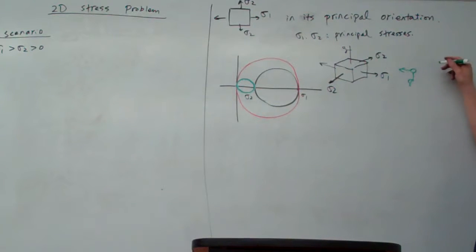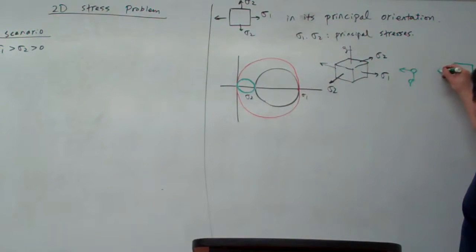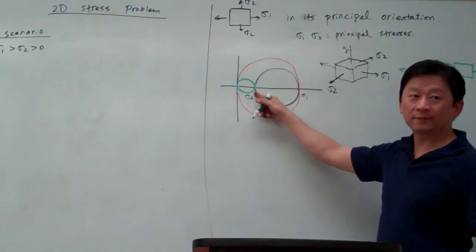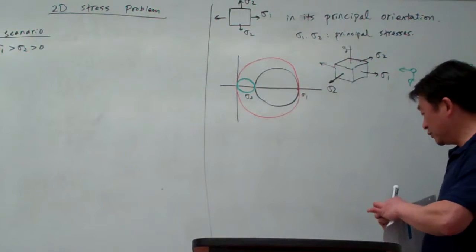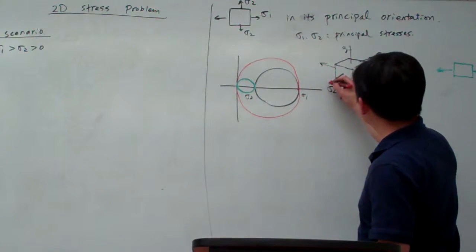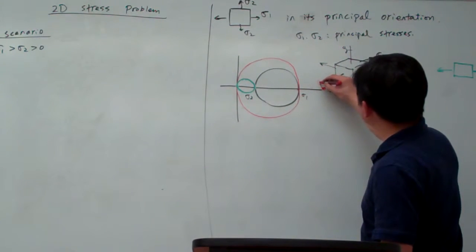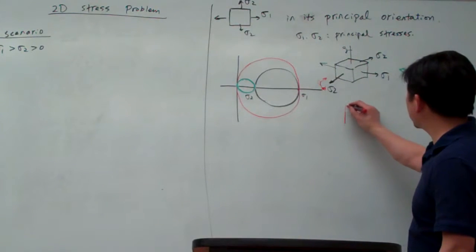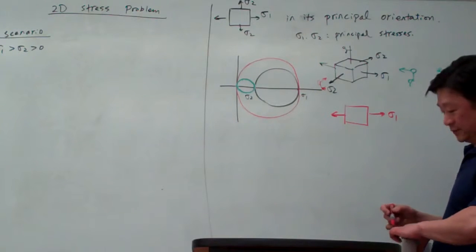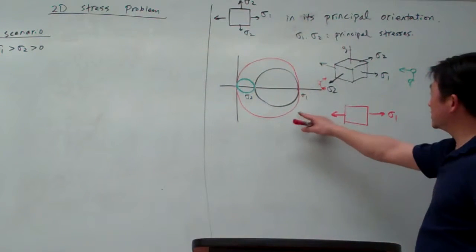Once he looks in that direction, what he sees is only sigma 2 and 0 here. So based upon this, we have a Mohr circle corresponding to the green one. And the red one is sitting on this axis looking into that, and so what he sees is sigma 1 and nothing else. So this one corresponds to this one.